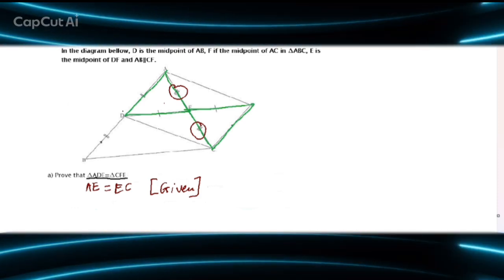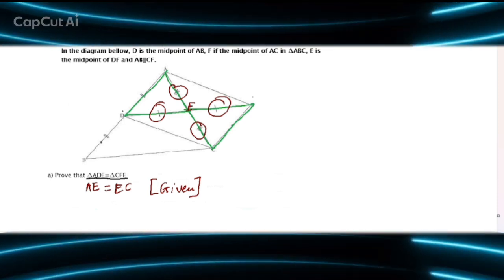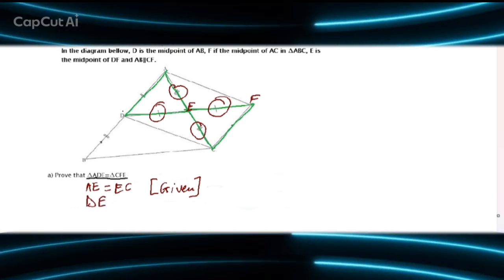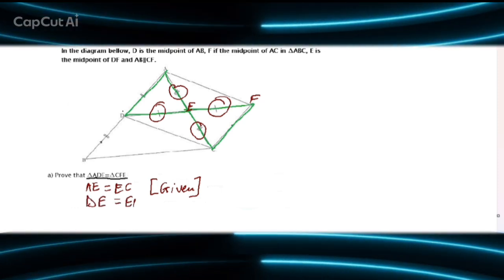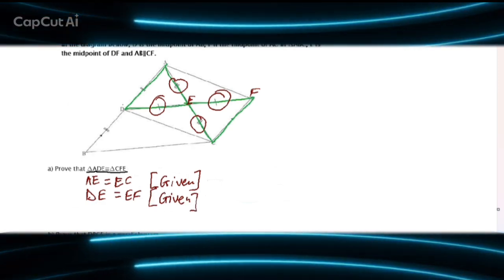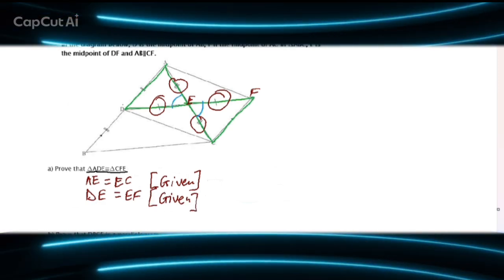And then we are also given that DE is equal to EF. This is also given from the statement.